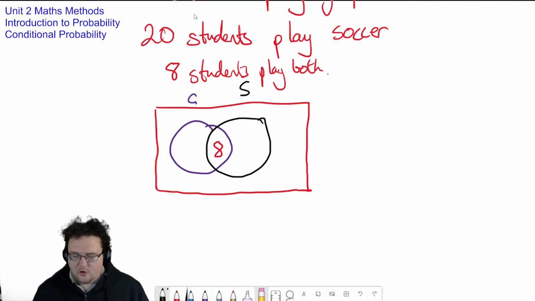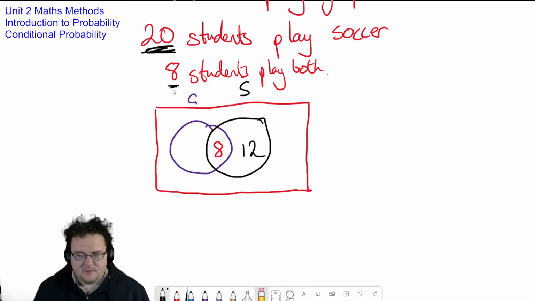But what I do know is that the total number of kids inside the black circle needs to be 20. And since 8 of them are in this overlap, therefore there must be 12 in that side of the bracket.